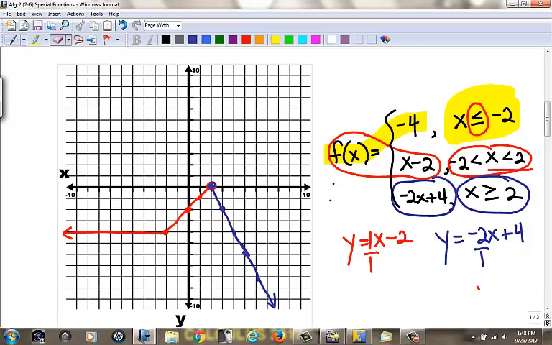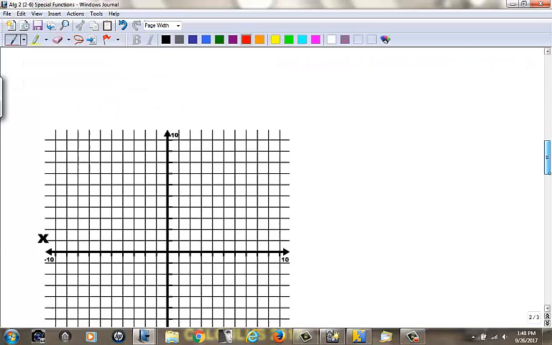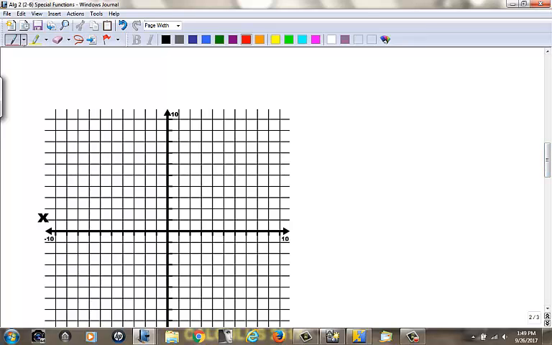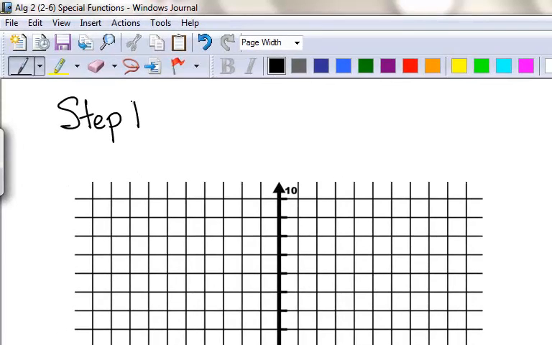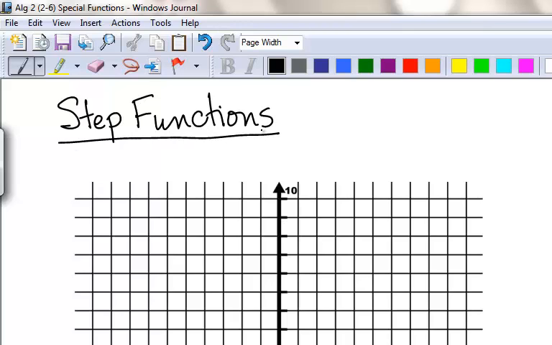Okay, now we're going to go through the next special function, and it's called a step function. Did you do any step functions? A step function is actually one that almost all of us have to experience, because when you mail something through UPS or the U.S. mail system, you pay so much for the weight, and then when the weight goes up, you pay another value, and then the weight goes up, you pay another value.